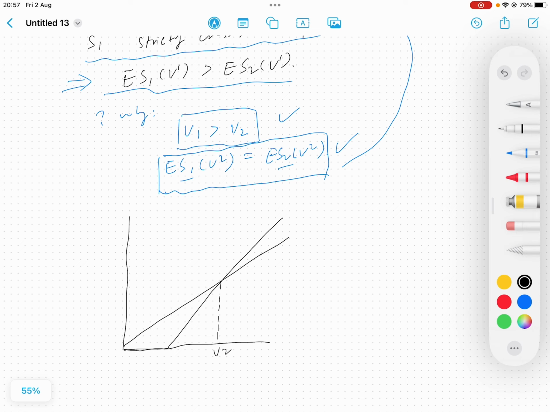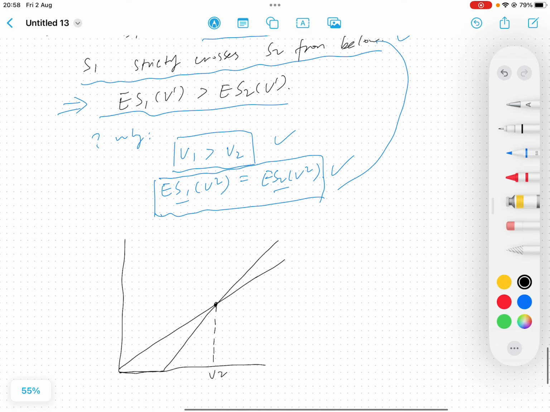For V2, no matter which security V2 is using, they have the same value.